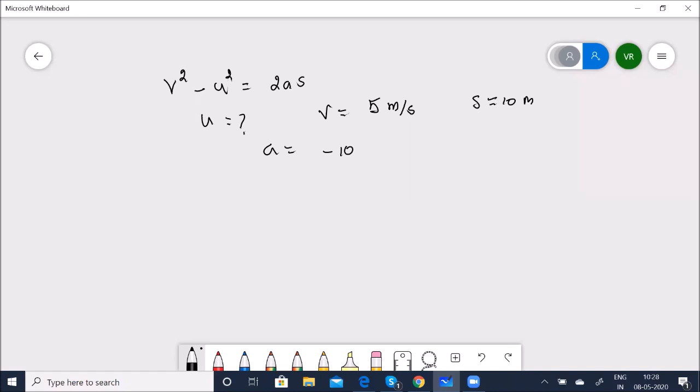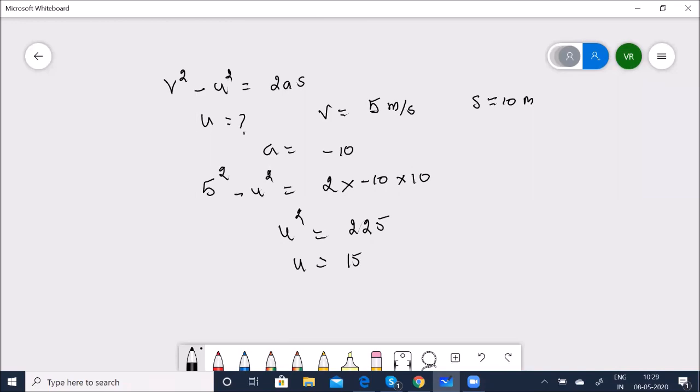So just substitute the values. That will give you 5 squared minus U squared is equal to 2 into minus 10 times 10, or U squared is equal to 200 plus 25, that gives you 225. So you can say U is equal to 15. Square root of 225 is 15.